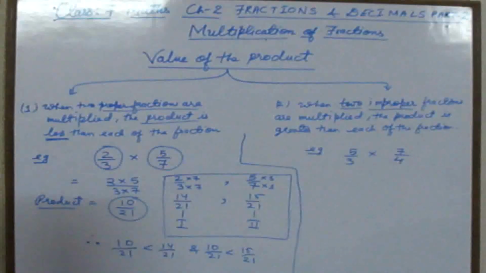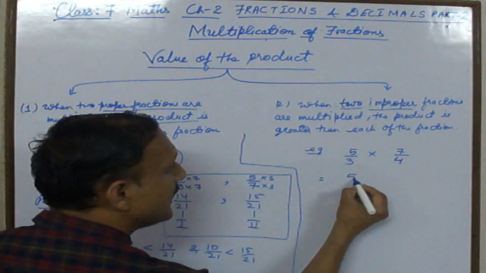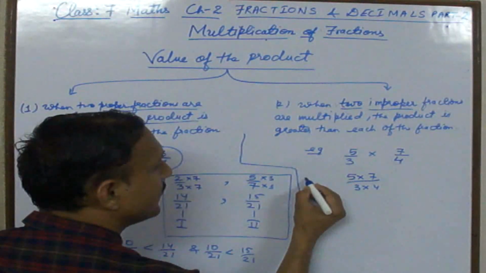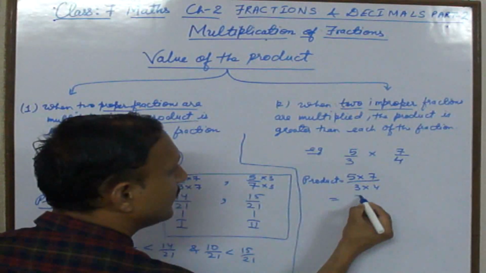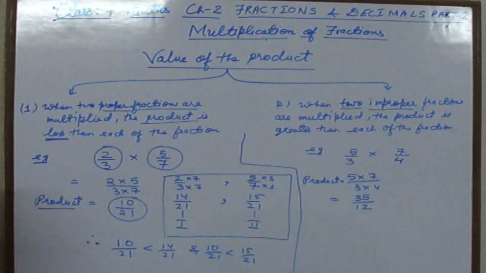These two improper fractions are taken. Now let's multiply. 5 into 7 and 3 into 4. 5 7s are 35, 3 4s are 12. 35 by 12 is the product.